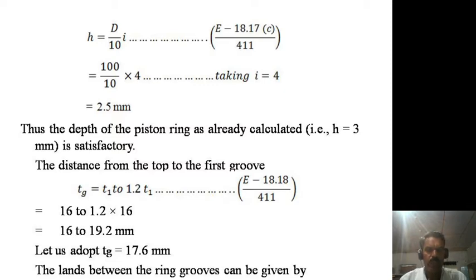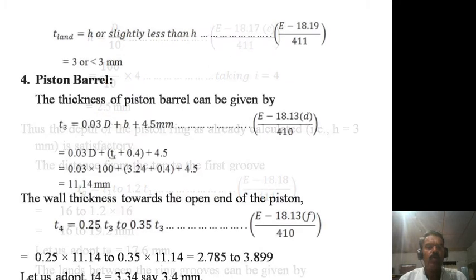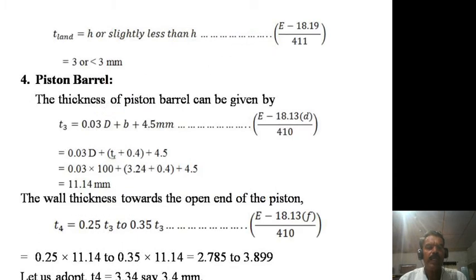So the lengths between the ring grooves can be given by T land is equal to h, that is equal to 3 mm. Next, the fourth point is the design of the piston barrel. Here we have to find out the thickness of the piston barrel. The equation is T3 is equal to 0.03 D plus b plus 4.5 mm.